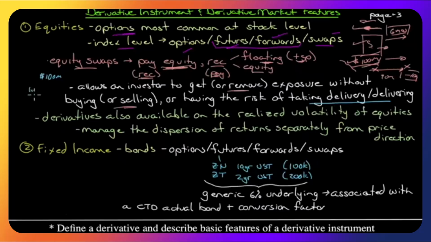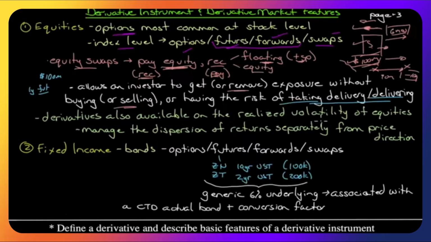I can buy a 1-year futures contract on the equity market, but I'm obligated because I'm part of a futures contract. I don't want the risk of taking delivery or delivering. So I'm going to avoid options, and maybe I'm going to avoid forward contracts and futures. The swap allows me to get it done without any obligation to make or take delivery. We're simply exchanging cash flows, not the underlying.